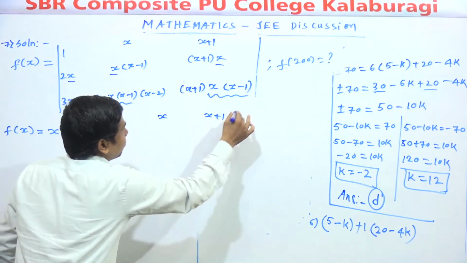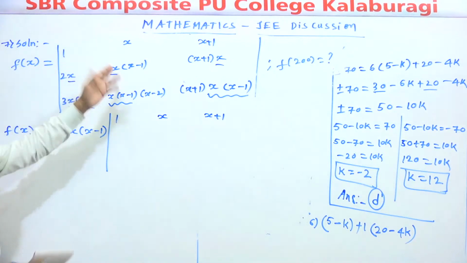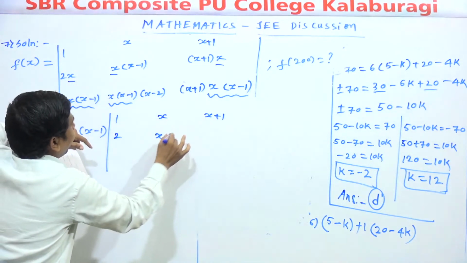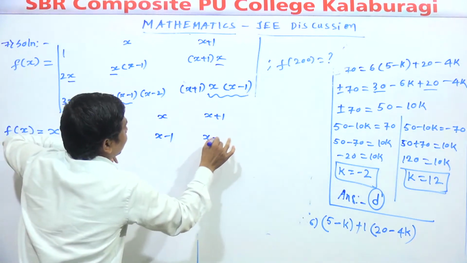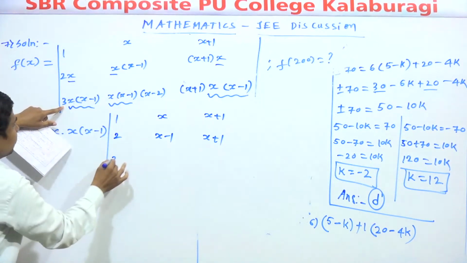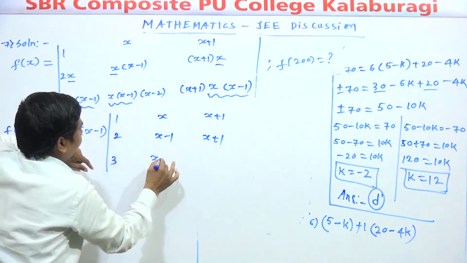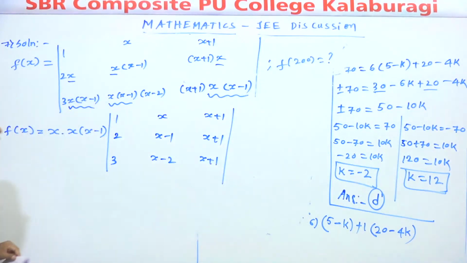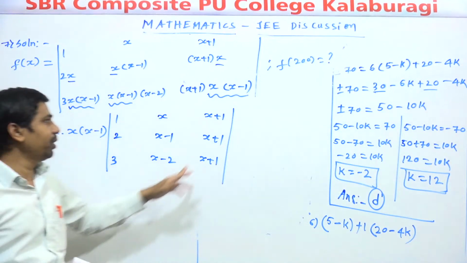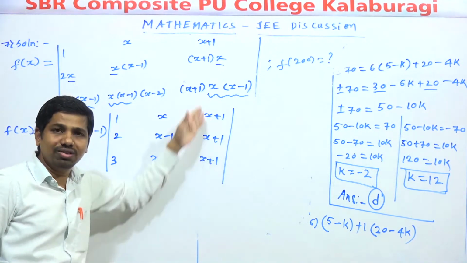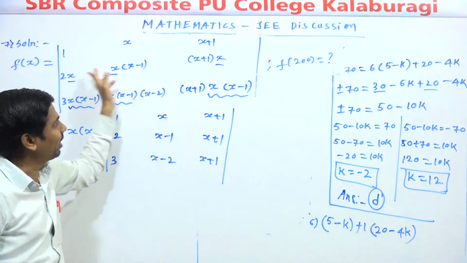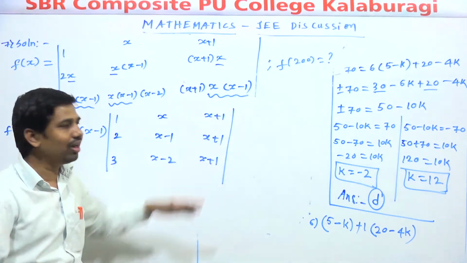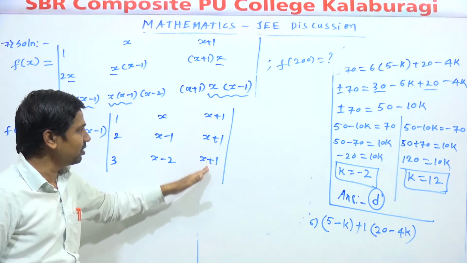1, x, x plus 1, nothing is taken from R1. In R2 I took x common, it is 2, x minus 1 and x plus 1. Here it is 3, x minus 2 and x plus 1. Again, x plus 1 is common in C3.